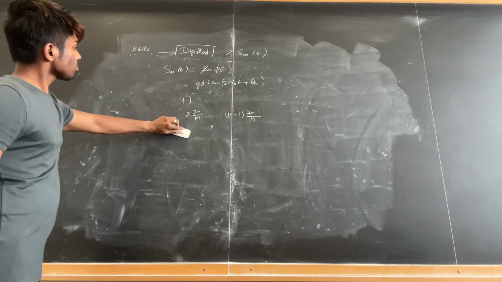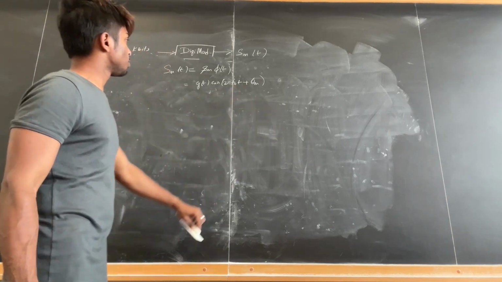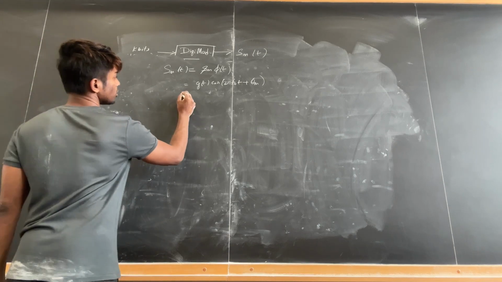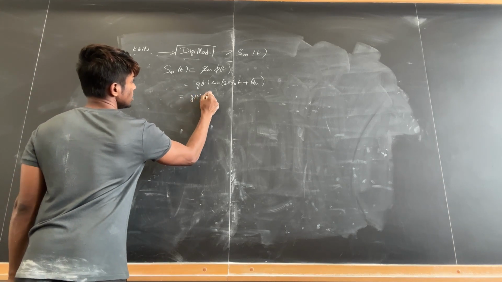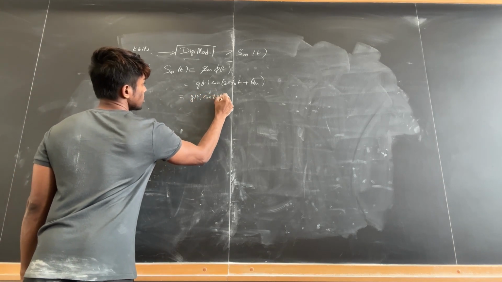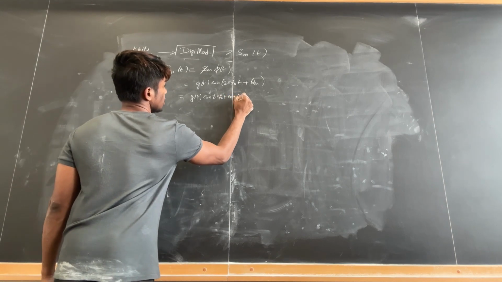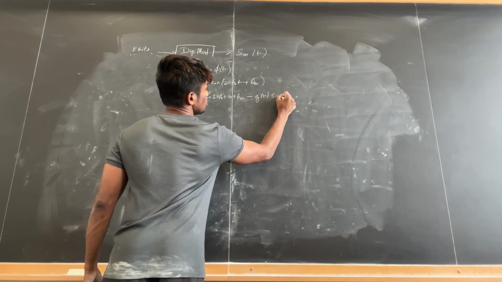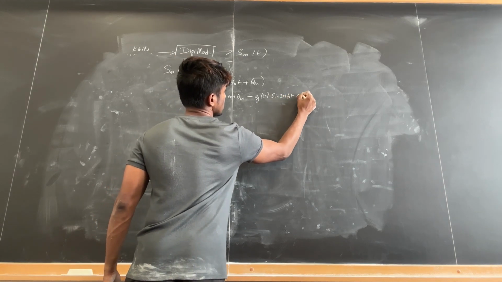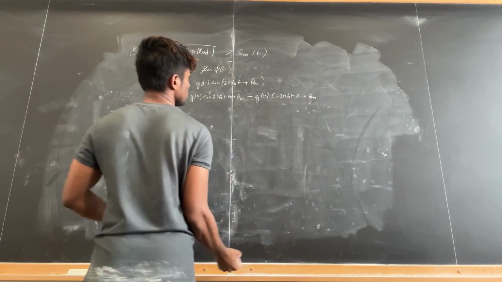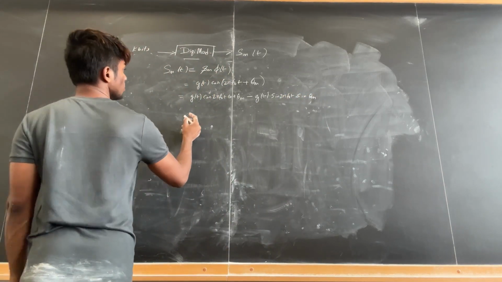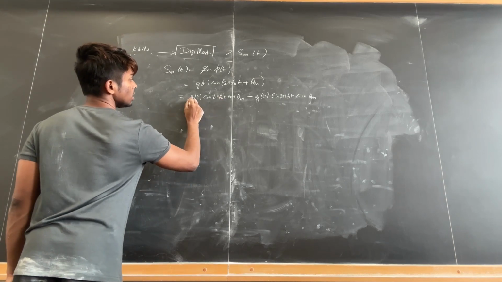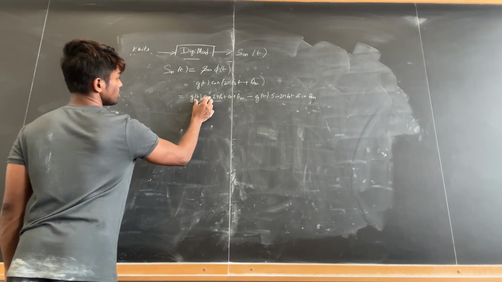So at the end we can expand it like this by using trigonometry: g(t) cos(2 pi f naught t) cos theta m minus g(t) sin(2 pi f naught t) sin theta m. Now, what is the energy of the signal?